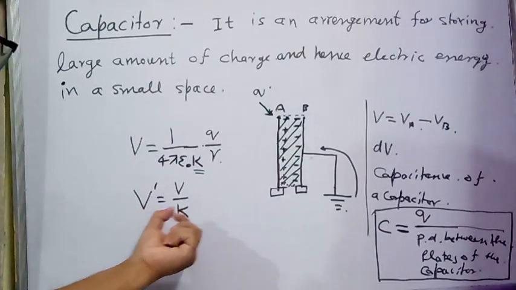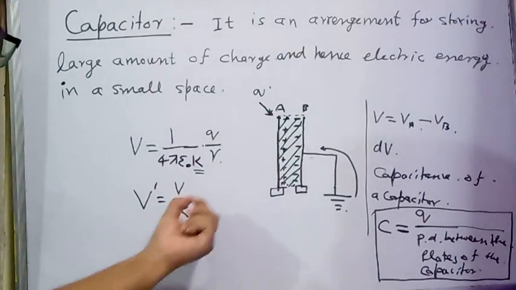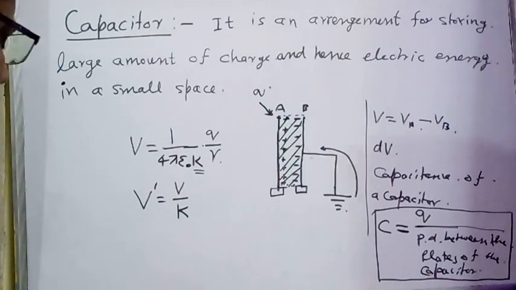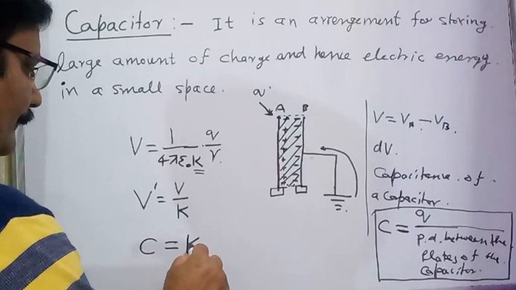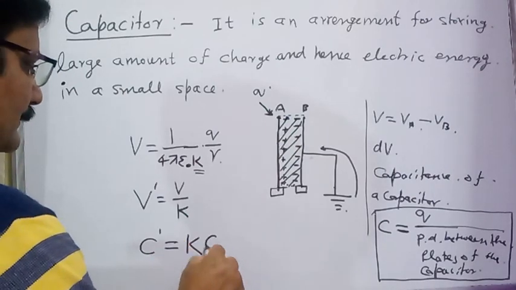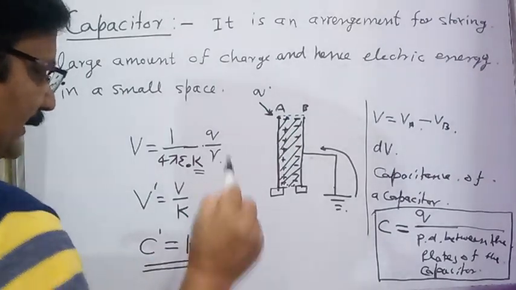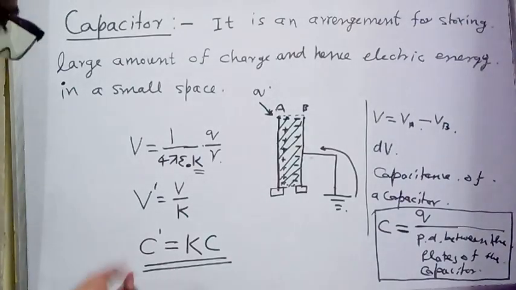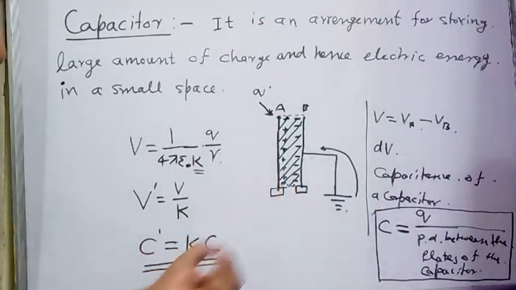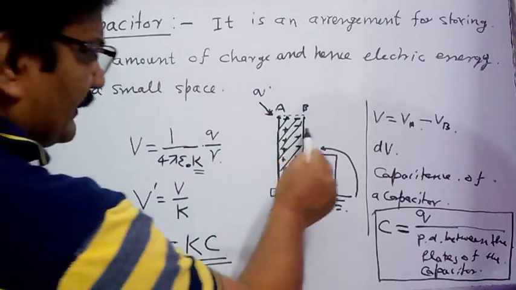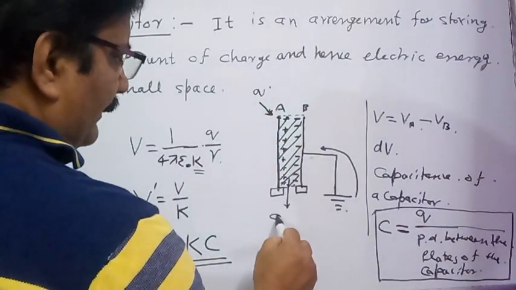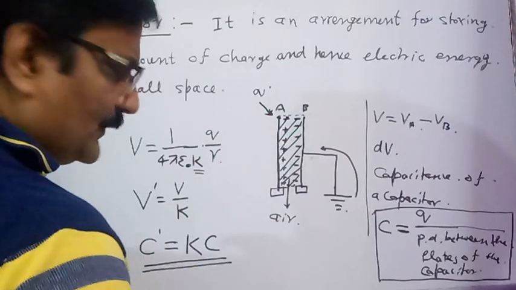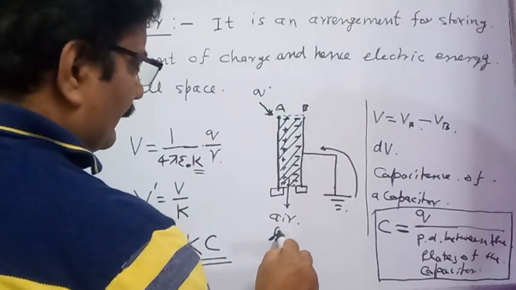If the potential on the surface of the conductor is decreasing by K times, then its capacitance is going to be increased by K times its original value. So this is the mechanism of a capacitor. If the space between the plates of the capacitor is filled with air, then it is called an air filled capacitor.